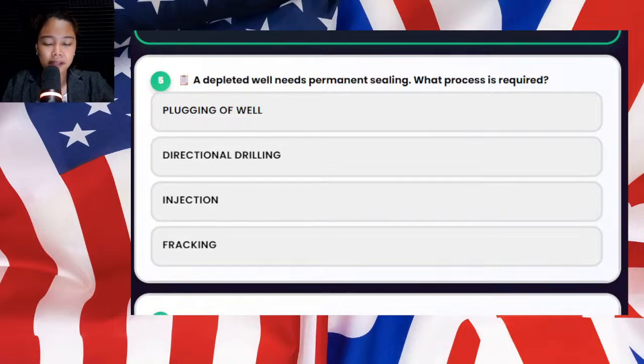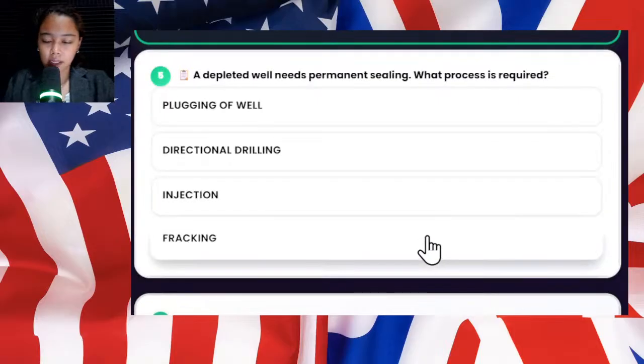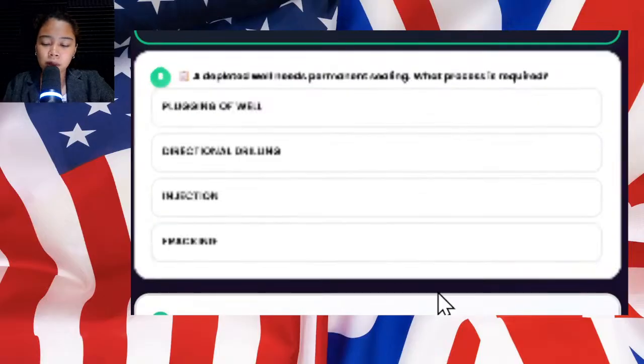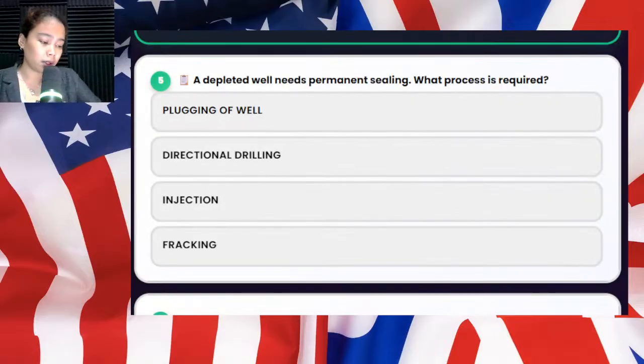Okay, what is our answer here? Before we try to answer, let's check what the options are. Let's start from the bottom for now, since we started at the top earlier.